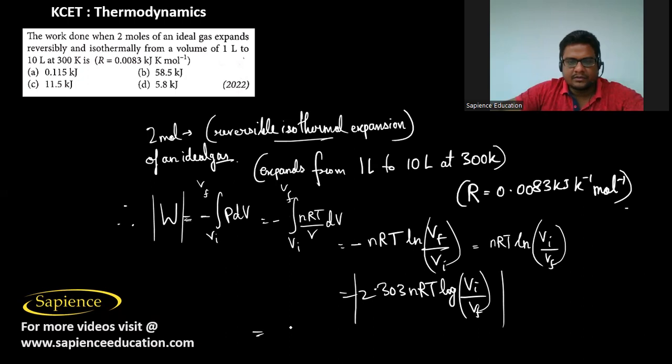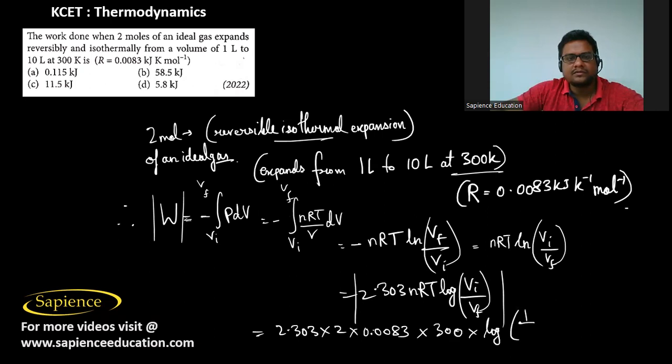So therefore it will be 2.303 into n, the number of moles, which is 2, and R is 0.0083, into T, which is 300 Kelvin, and log V initial by V final, so it is 1 by 10. Log 1 by 10 I can write as minus of log 10, that is minus 1.